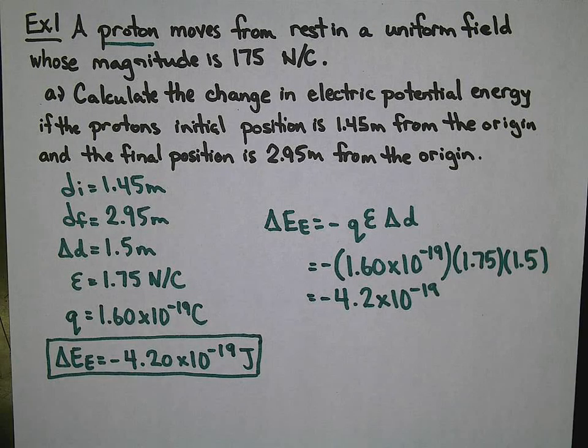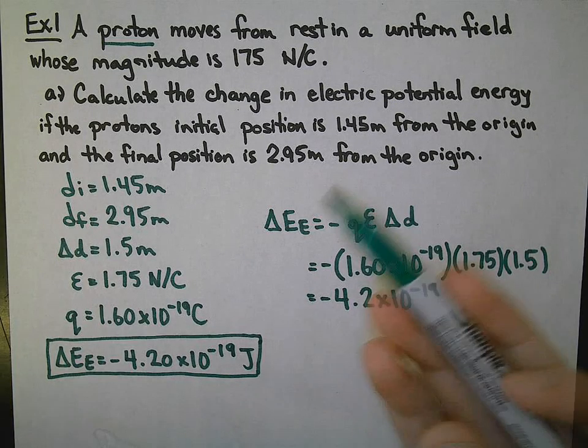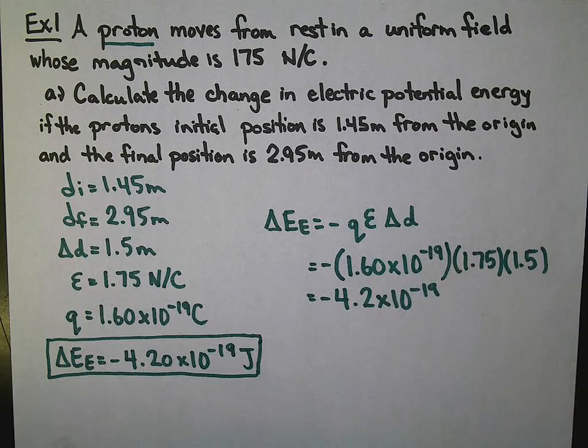Part to the continuation, and I'd asked what does negative 4.20 times 10 to the negative 19 joules mean in this change in electric potential energy? We have the negative. What does that negative sign tell us?